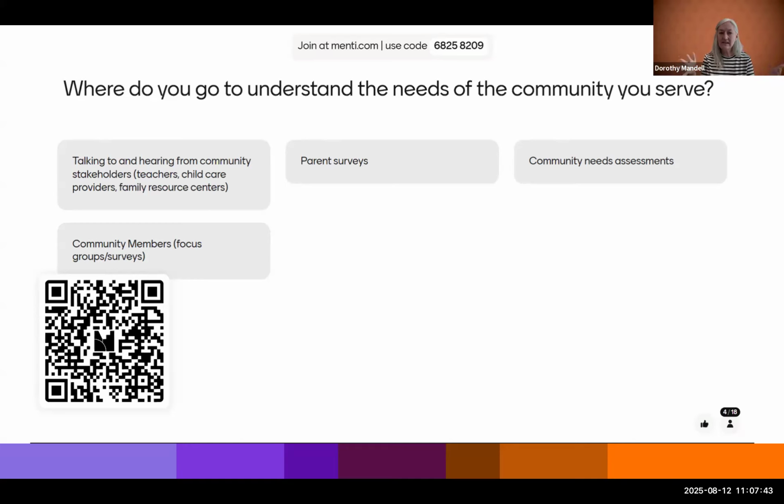I want to say that community need and individual need go hand in hand with each other. But we shouldn't confuse community need with individual need, and we also shouldn't confuse individual need with community need. While they do go hand in hand with each other, we're going to talk about that a lot more today. So let's go to the next slide.